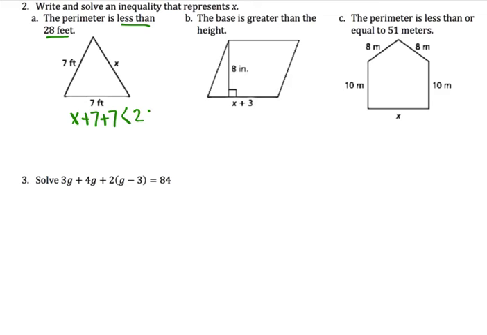Well, x plus 7 plus 7, we can simplify that to x plus 14 is less than 28. We solve by subtracting 14 from both sides, and we get x is less than 14. Now the problem doesn't require me to graph it, just write an inequality and solve it. So x does have to be less than 14.